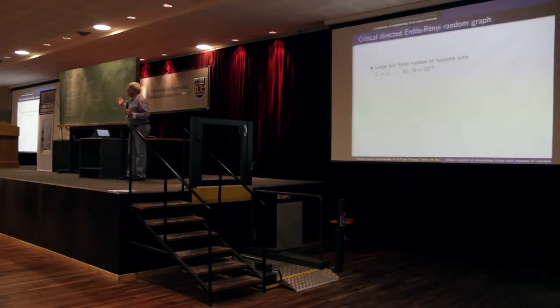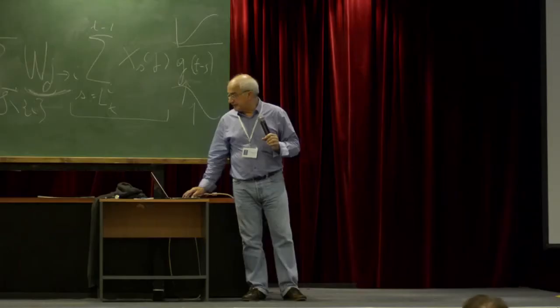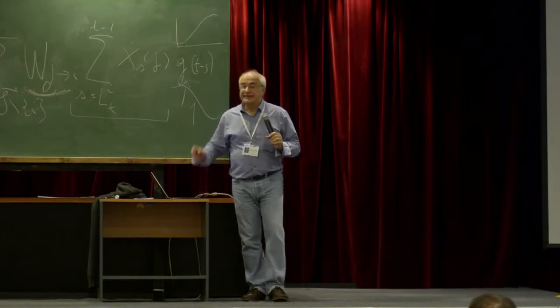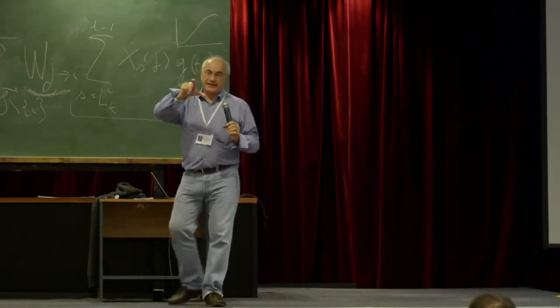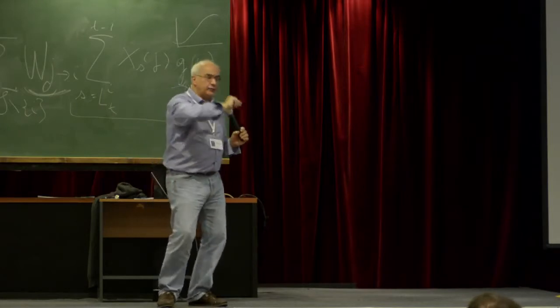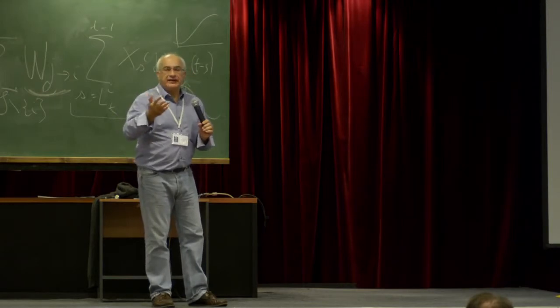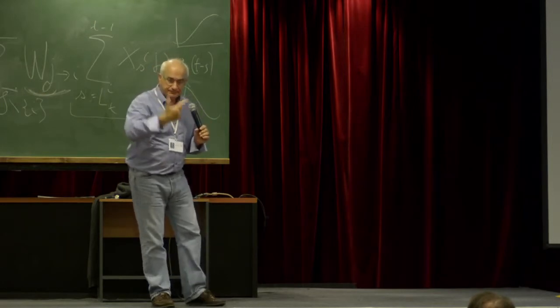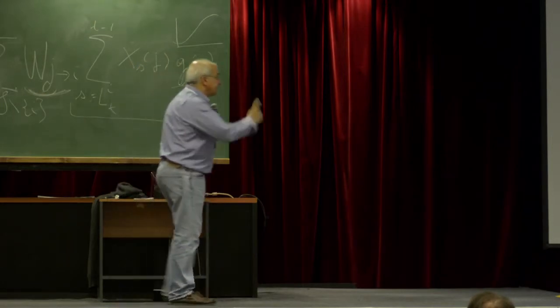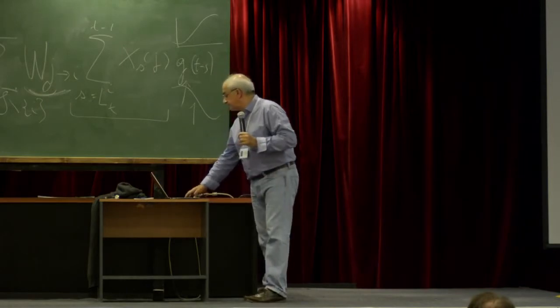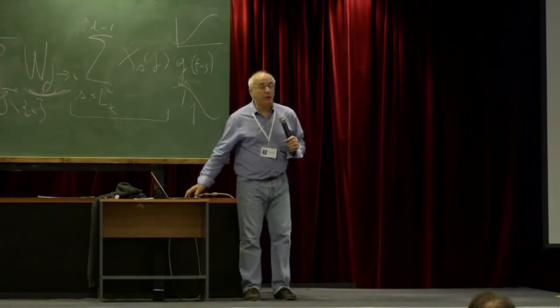Okay, so let me tell you what a critical Erdös-Rényi random graph is. I have a finite set, very big but finite, of vertices. And then I decide to put an edge from I to J in an IID way. To simplify, the synaptic weight will be only 1 or 0, chosen in an independent way, with probability p and 1 minus p.